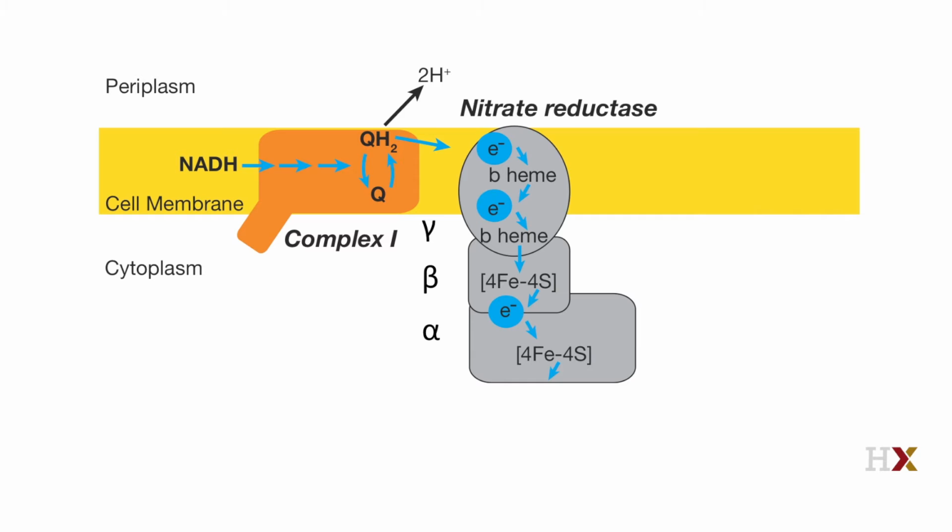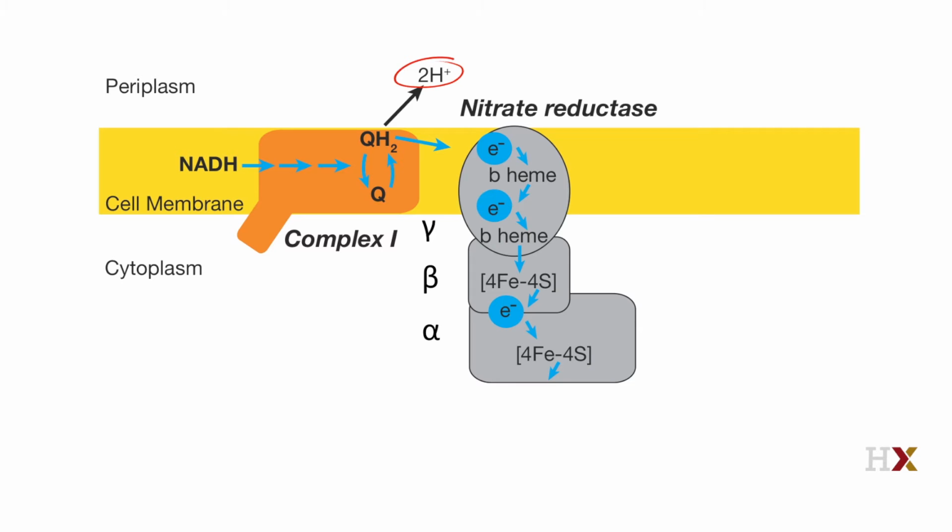The electrons will be transferred to this unit and will travel through the 3 subunits of the reductase. The protons will be released from coenzyme Q and will end up in the periplasm. So that transport of protons in the periplasm will contribute to establishing the proton gradient across the membrane.